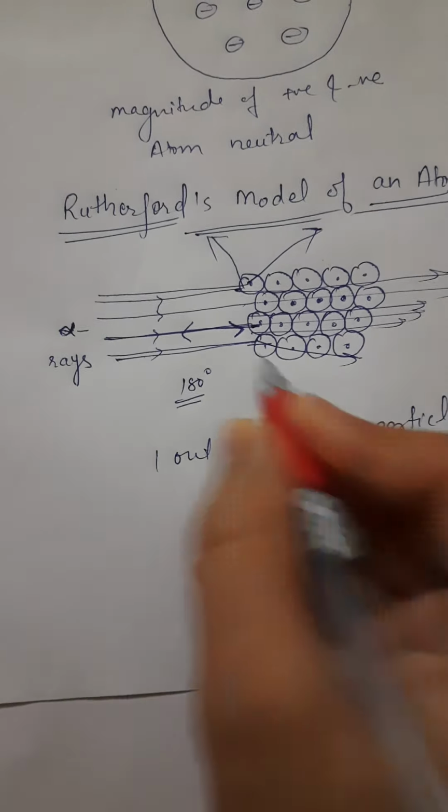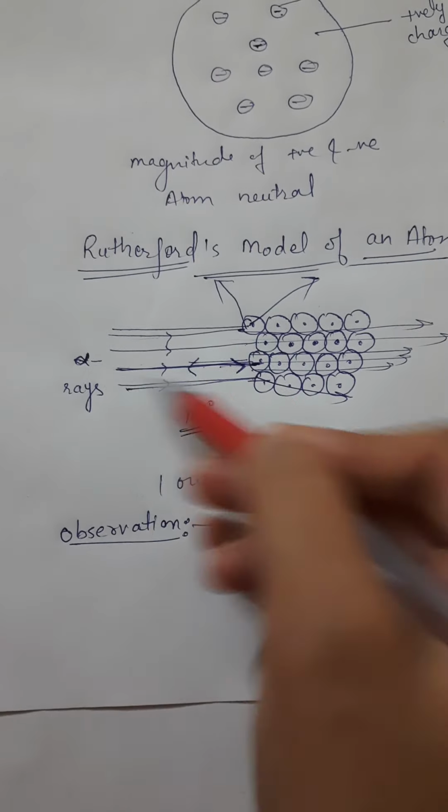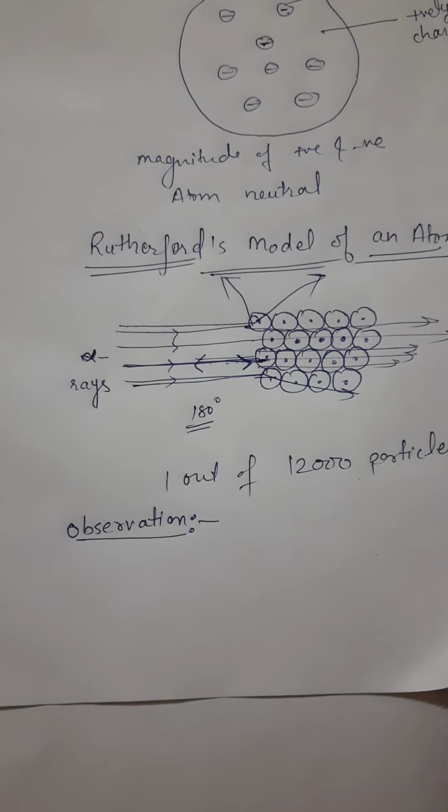As I have told you, the maximum number of particles or rays pass straight through this gold foil. Some particles deviate by making a small angle. 1 out of 12,000 particles rebounds. Rebound means it will go and come back by making 180 degrees.